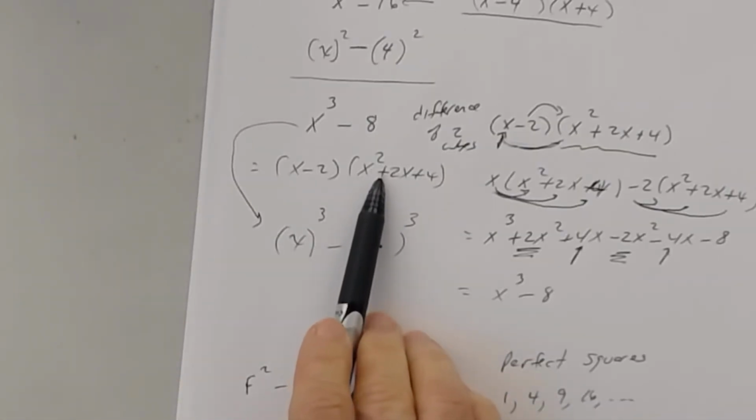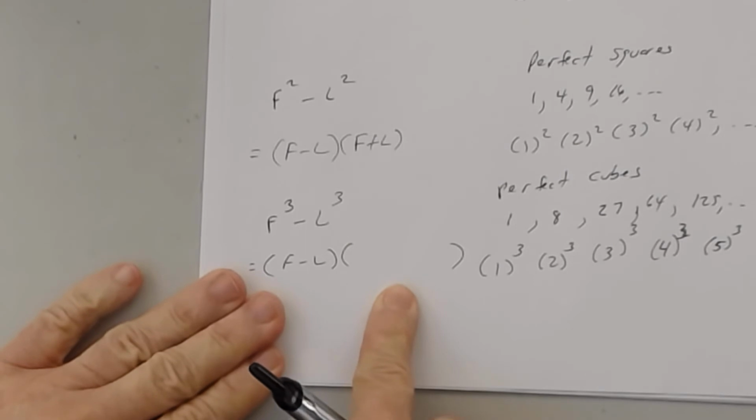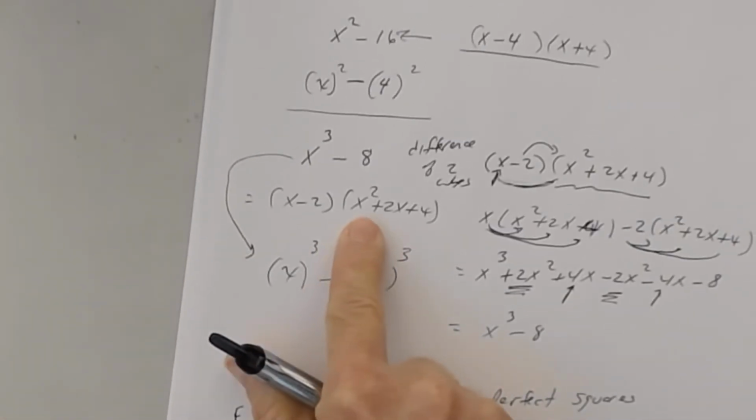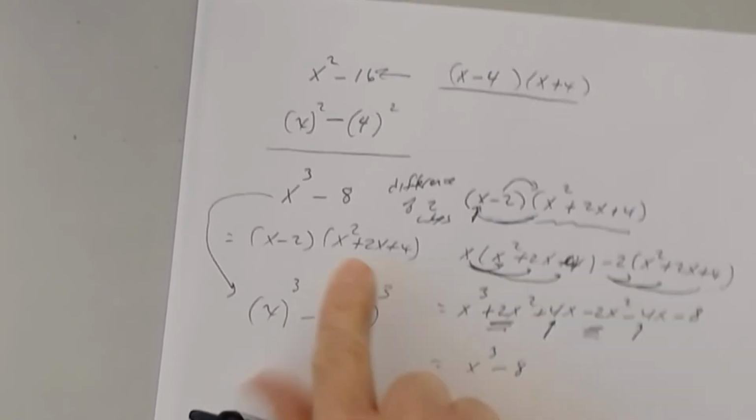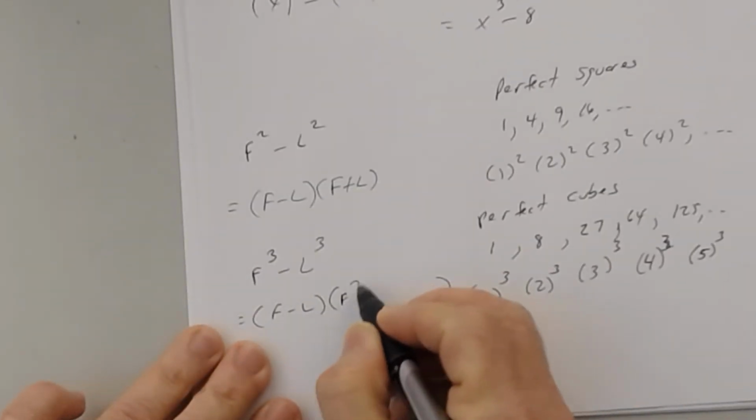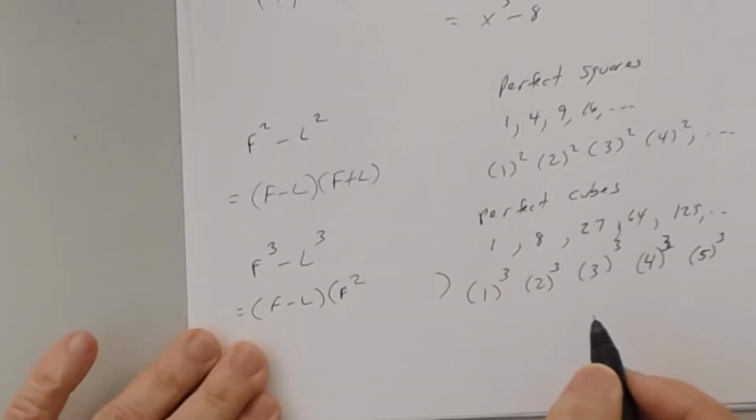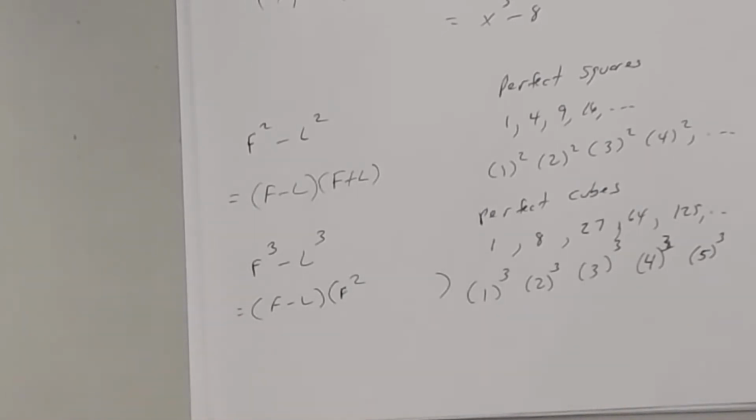Okay, now listen carefully. My next factor is a trinomial though, right? So how many terms do I need inside this formula? 3. Notice my first term of the trinomial, all I did was take the first and multiply it by itself, because what's x times x? X squared. So basically you're going to say f squared. Whatever f is, you're going to square it, and that's your first term of that trinomial.